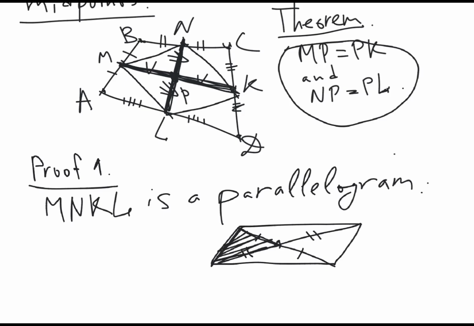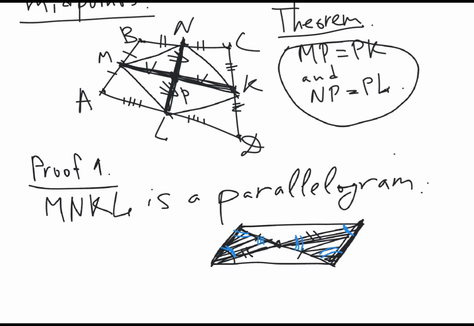This triangle would be equal to this triangle, because it's a parallelogram, so the sides are parallel. So this angle is equal to this angle, this angle is equal to this angle, and this angle is equal to this angle.